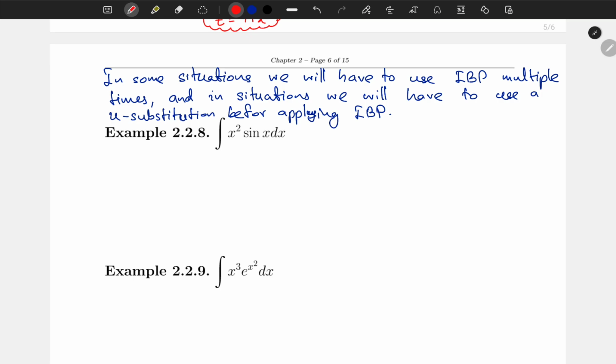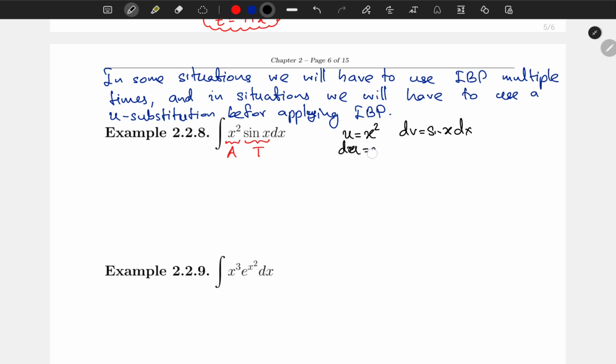Example 2.2.8, we have an algebraic function and a trigonometric function. LIATE, so algebraic functions come first. So I'm going to choose u to be x squared, dv to be sine x dx.